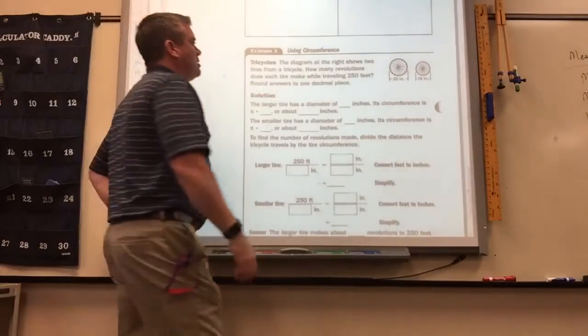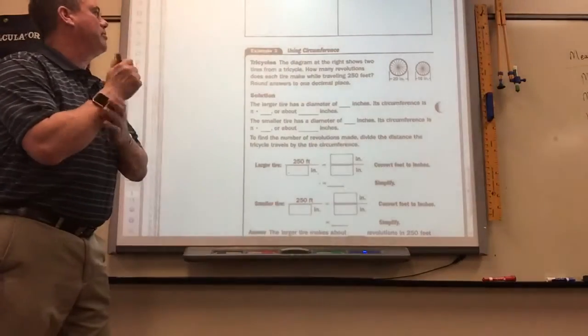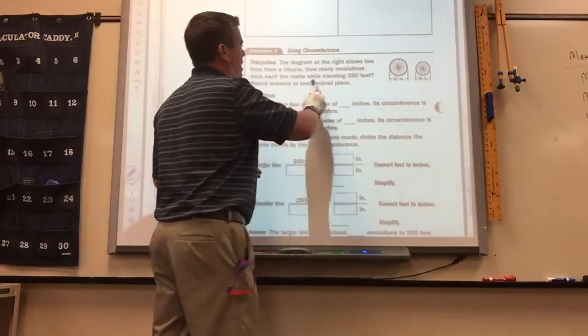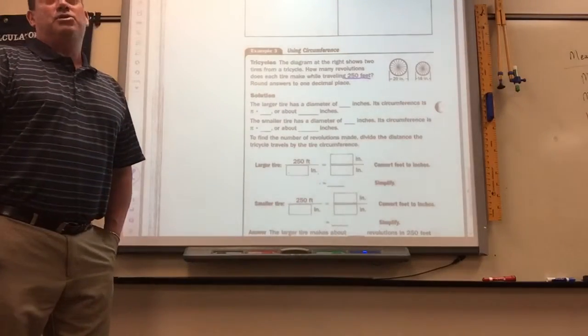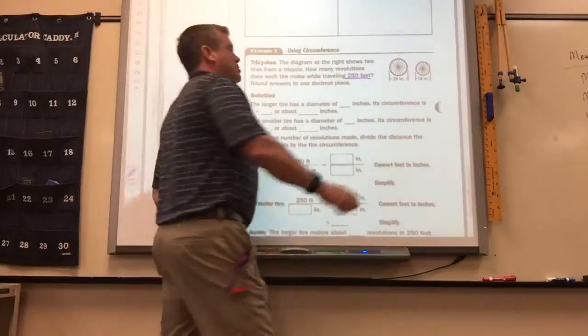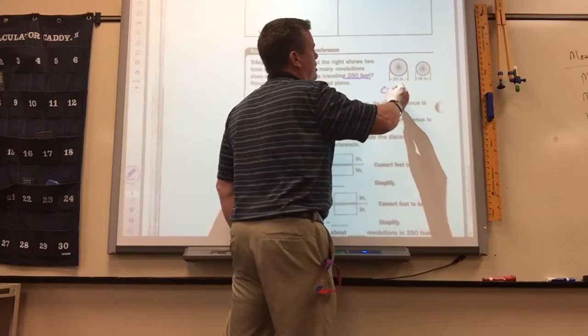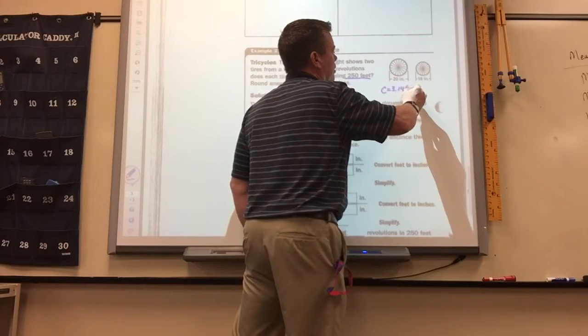Okay, in this one, we've got 2 tires from a tricycle. How many revolutions does each tire make while traveling 250 feet? So what we got to do is find the circumference. It's 2 problems in one. So first find this one. Circumference is pi times diameter, which is 20.